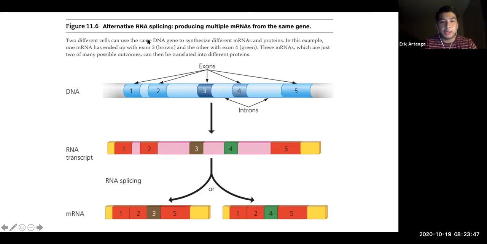And what this means is alternate RNA splicing is you can have multiple RNAs produced from one DNA gene, right? And this allows for variation. This allows for differentiation in proteins, right? Multiple outcomes can be produced.